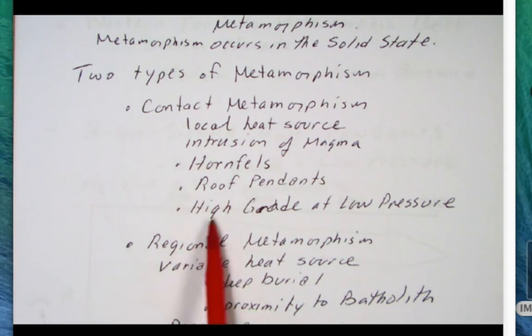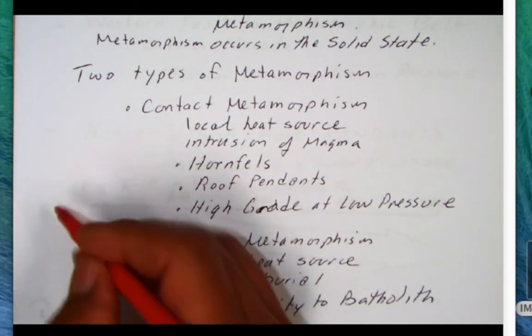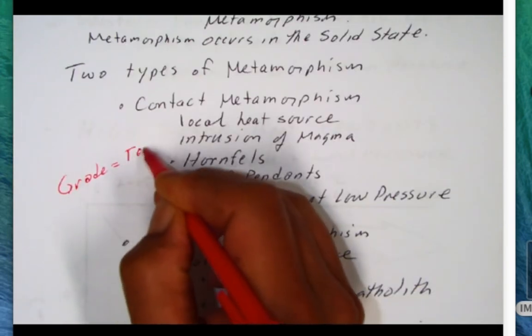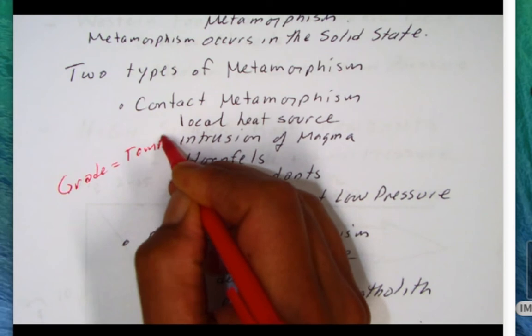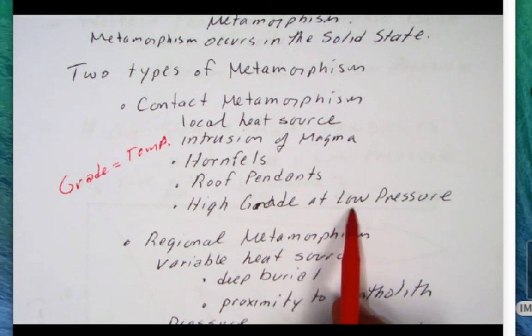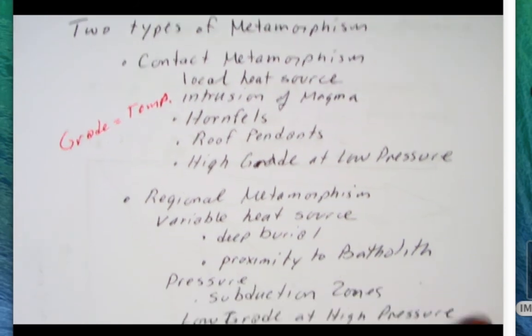And usually, because the magmas are hot and they're making their way up to the surface, we see a high grade. And so this term grade here refers to temperature. So whenever you see metamorphic grade, we're talking about temperature. So a high grade means high temperature, but it's at relatively low pressure because the magmas have been moving up. So that's kind of a unique setting for that type of metamorphism.